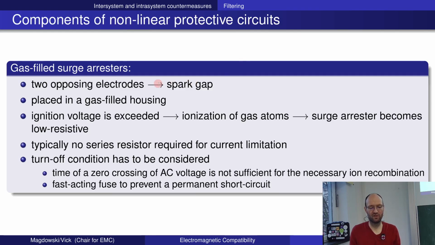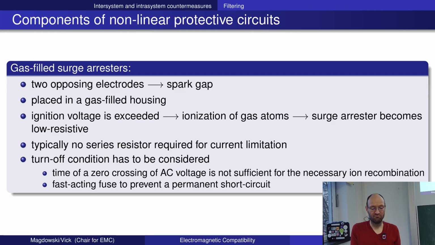Inside this gas-filled surge arrestor you will have a small lightning, or some ionization, and this has some certain resistance. So usually no additional series resistor is required for current limitation.